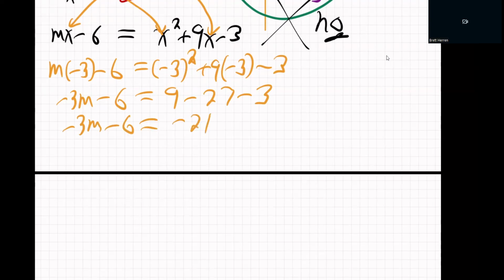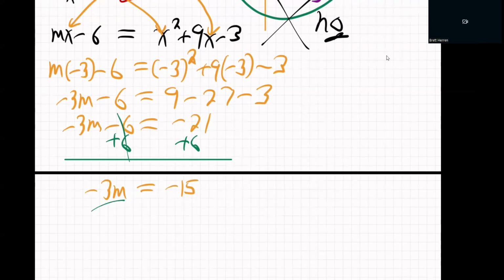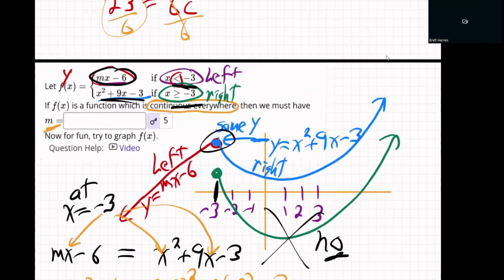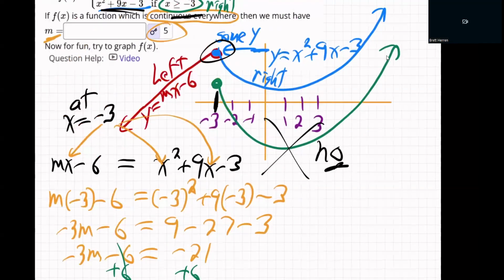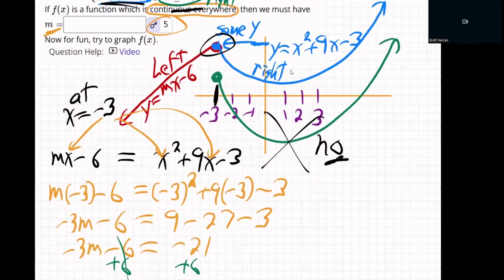Then add the 6 to both sides, and -3m is -15. Then divide by -3. So m has got to be +5. Is that what they said? Yeah, that's what they said. So there it is. The two heights have to be equal because it's a continuous function. So there we go.